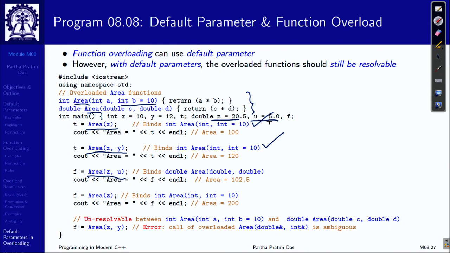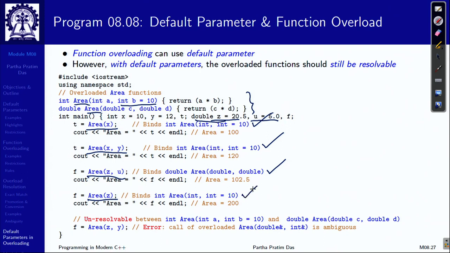So, of the 2 viable functions, the second function has a perfect match, an exact match. But suppose you call it with area Z, where Z is double, then naturally there is only one viable function, which is the first one, and therefore, it will still be able to bind, but it will go through a conversion from double to int.